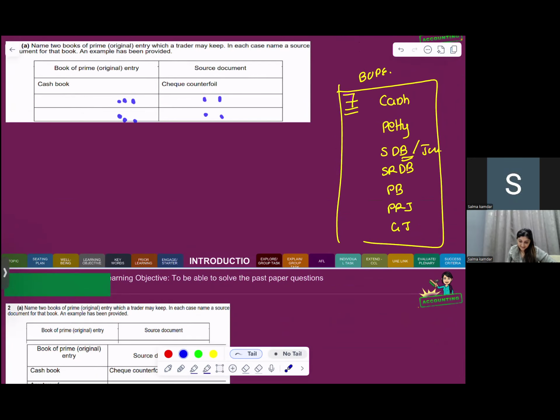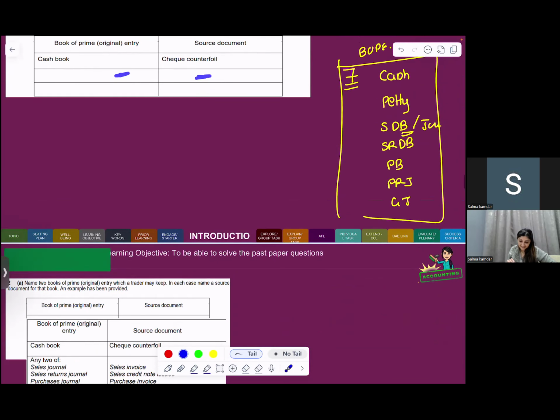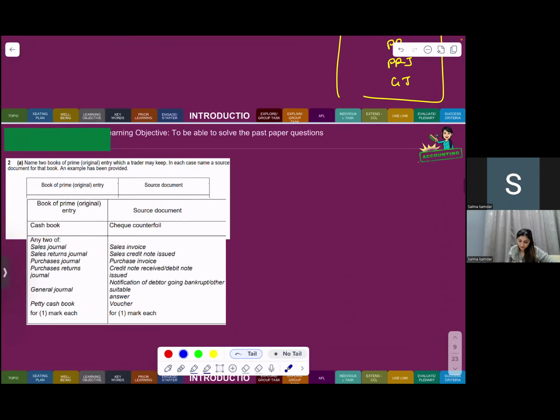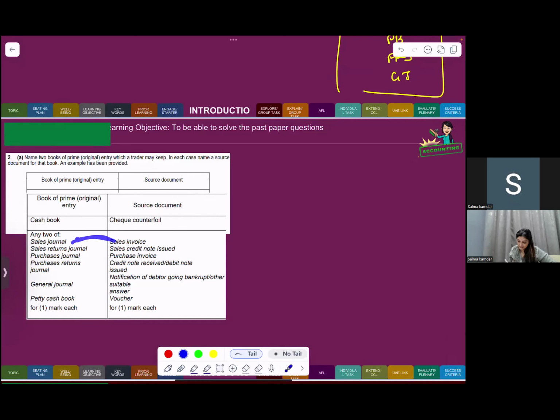So sales day book, source document could be the invoice issued. Or you can write sales invoice. Invoice issued, sales invoice is okay. Purchase journal, you can write purchase invoice or invoice received. For sales return journal or daybook, you can write credit note issued.